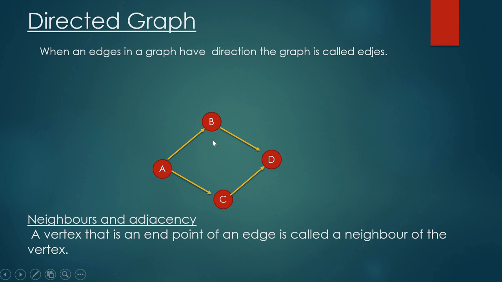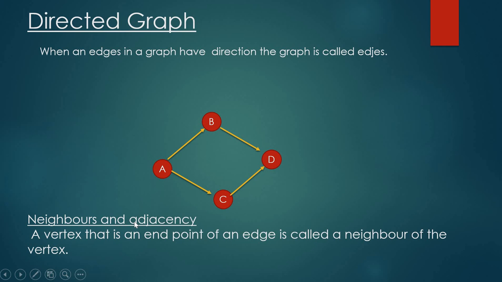Then that graph is called a directed graph. See here, A to B, the direction is from A to B. Then this edge is from B to D. Each edge is having direction. So this is a directed graph.